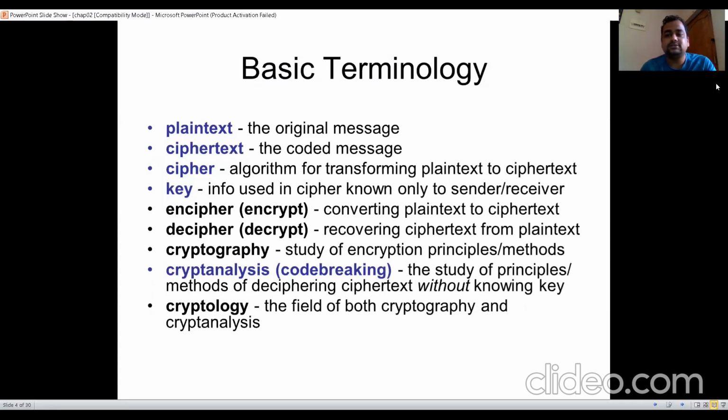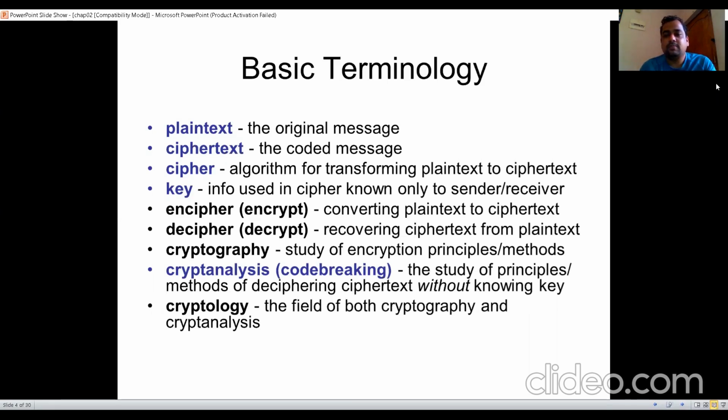The original message, the raw message which is to be transferred, is called plain text. The coded message is called ciphertext. The algorithm used for encryption to convert plain text into ciphertext is called cipher.